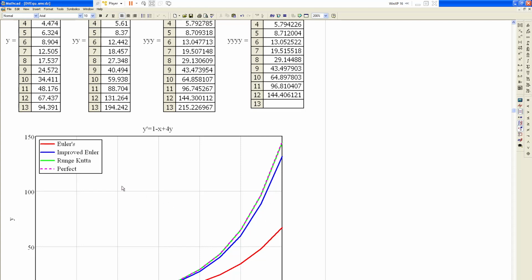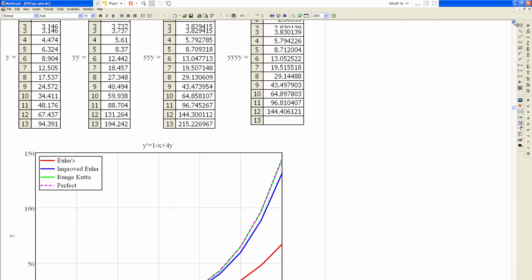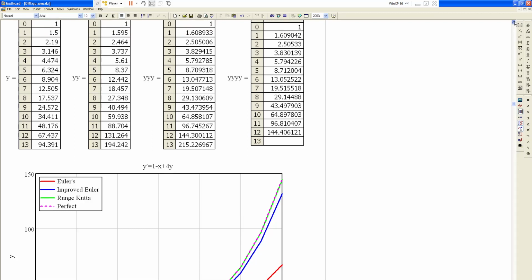And then you can see the improved Euler's method, even though it required twice as many steps, it's definitely worth it because it follows much closer than the normal Euler's method. And then we have Runge-Kutta, which is the green line underneath, and you can see that it is almost perfect. So let's just move up here a little bit and take a look.